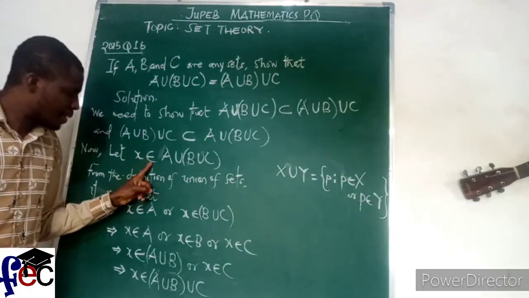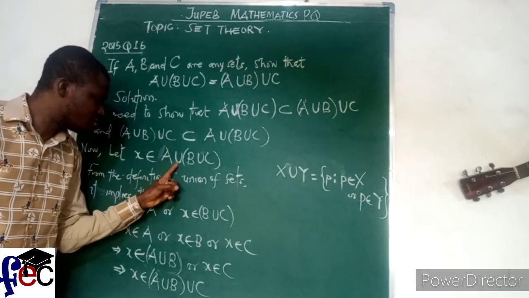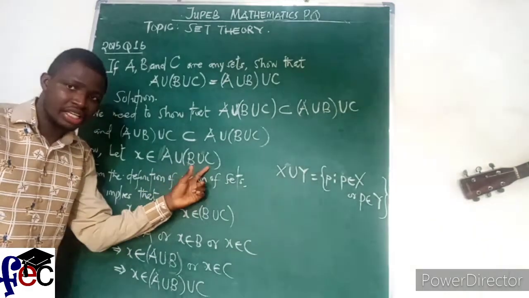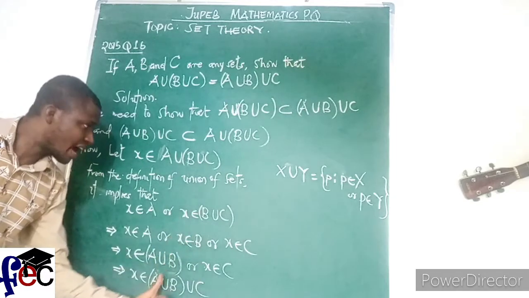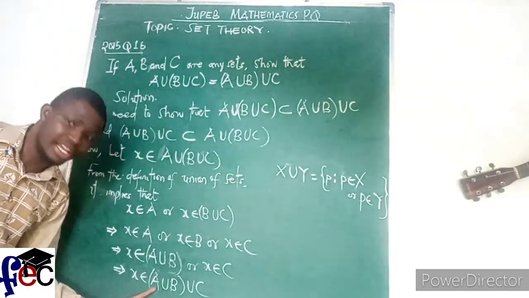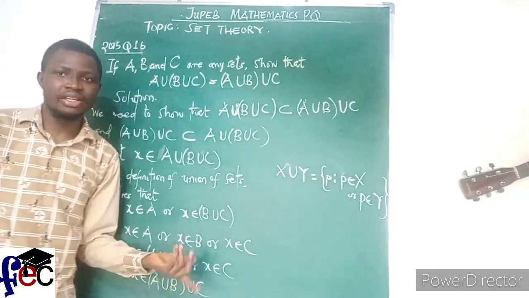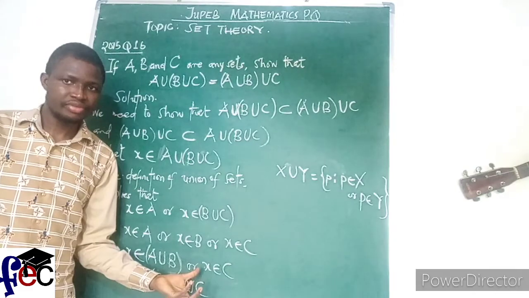X was a member of A union B union C, and see how we rearranged the whole thing using the definition to arrive that X is a member of A union B union C. This is the associative property of union of three sets.